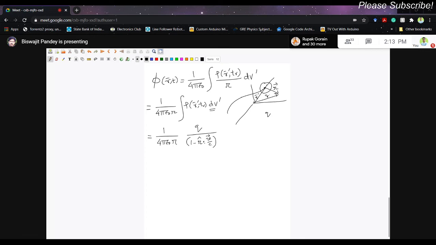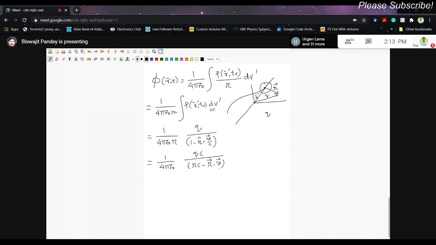If you simplify this, what do we get? 1 by 4 pi epsilon 0, and then q times c divided by curly r times c minus curly r times r cap, that is, vector curly r dot vector v.